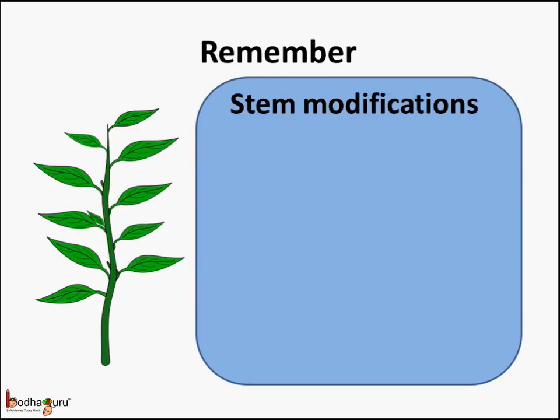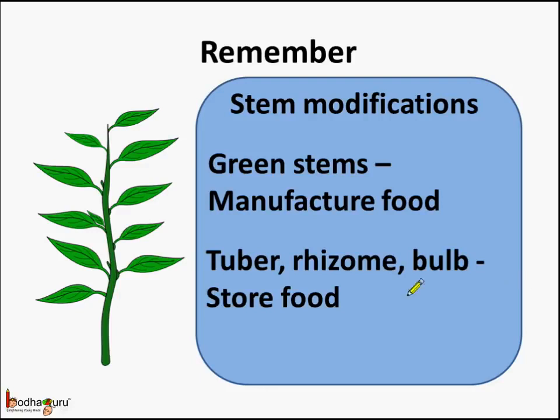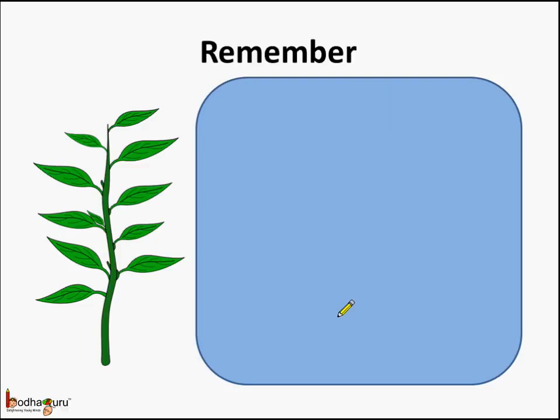So remember children, in certain plants the stem gets modified to perform special tasks. And what are these? The green stems manufacture food, as we saw in the case of cactus. The tuber, rhizome and the bulb are the underground stems which store food.